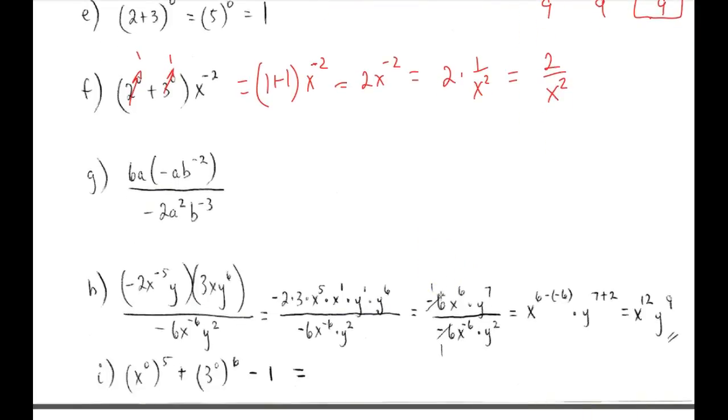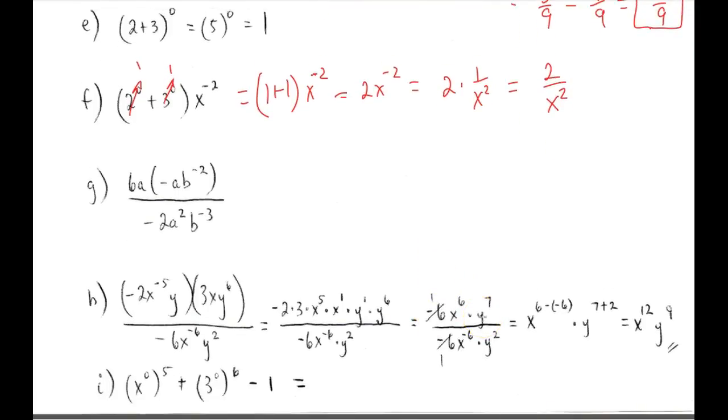Okay. And so for our last two examples, I'm going to combine the numerator first. So if we multiply a with a here, we're going to get a squared. Of course, the negative there with the 6 will give me a negative 6. And we'll have b raised to the negative 2. In the denominator, we have negative 2a squared, b raised to the negative 3. So we see here that a negative divided by a negative is a positive.